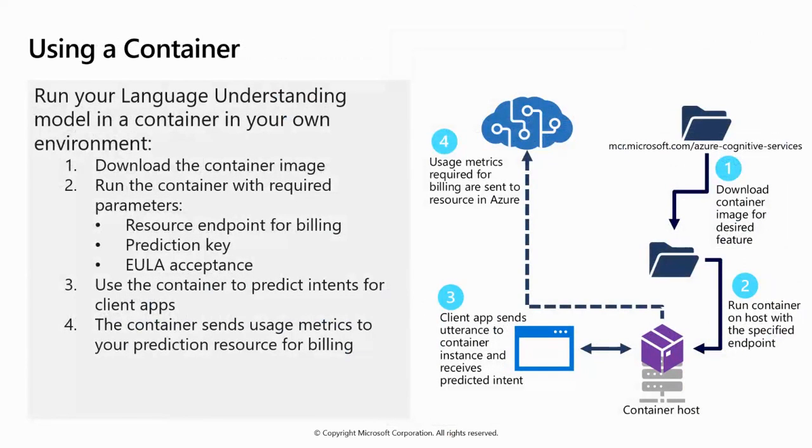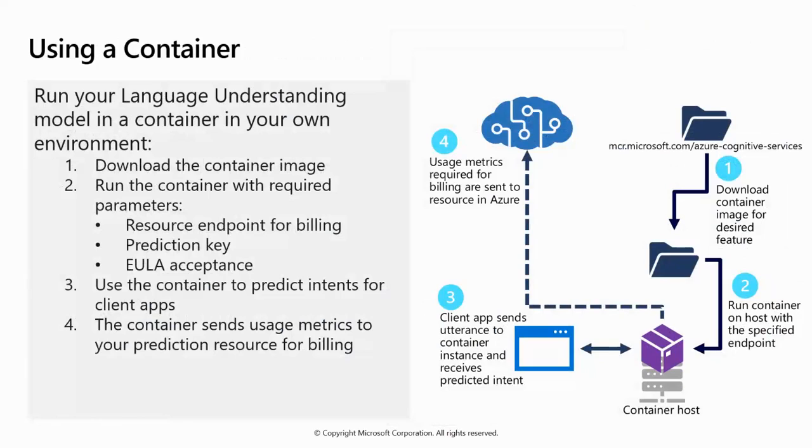Well, so far, we've talked about how to use the language understanding service by using an Azure subscription prediction resource endpoint. The language understanding service can also be set up as a container. Just like many other cognitive services, it can run on a local Docker host, on Azure Container Instances, or on Azure Kubernetes Service clusters. The steps you need to take to use a language understanding app in a container are shown in this diagram.